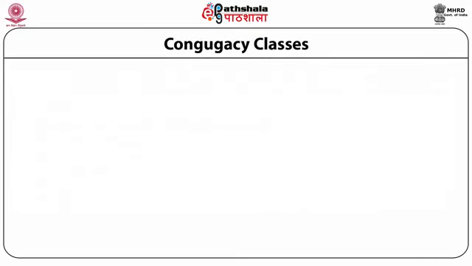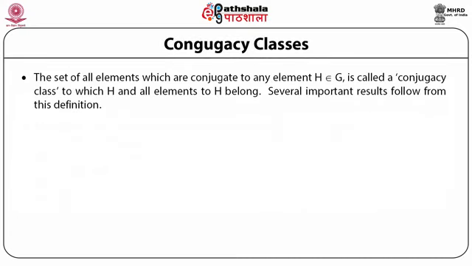Conjugacy class. The set of all elements which are conjugate to any element H which belongs to the group G is called a conjugacy class to which H and all elements conjugate to H belong. There are several important results which follow from this definition.